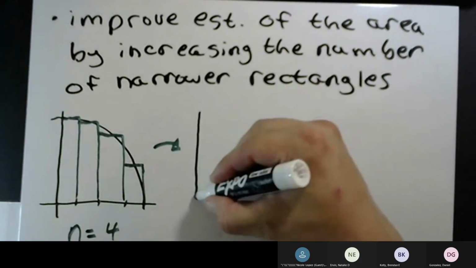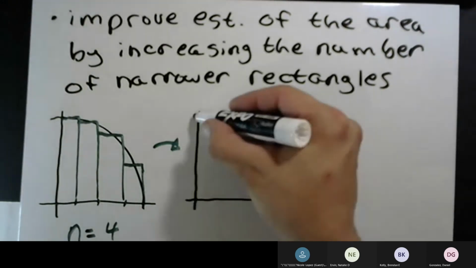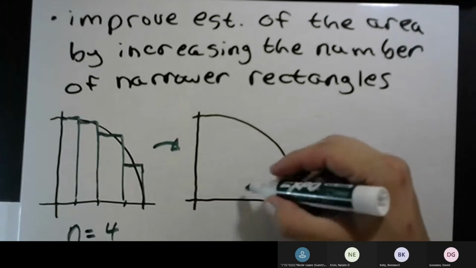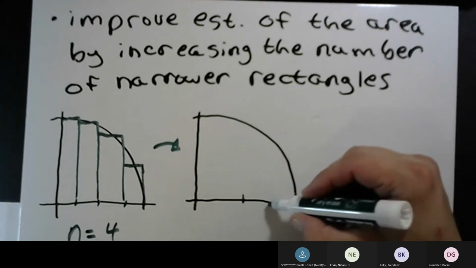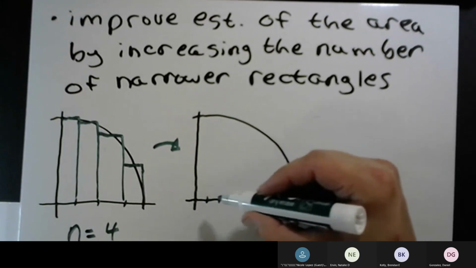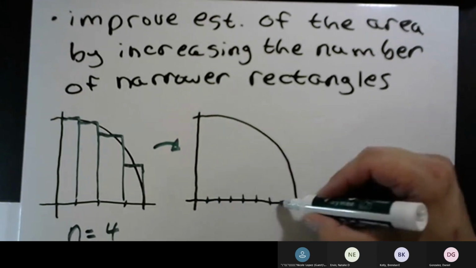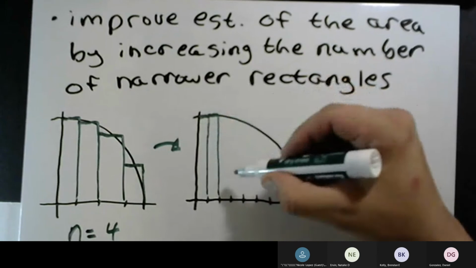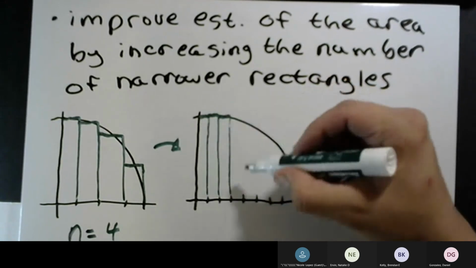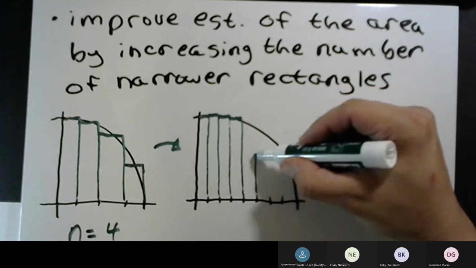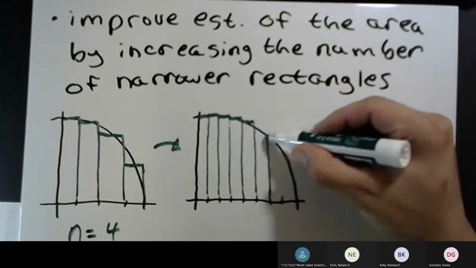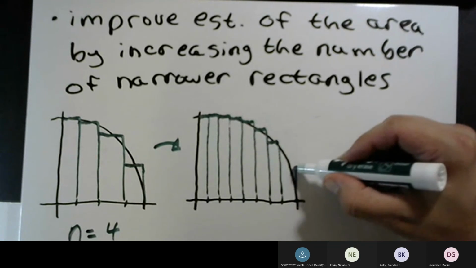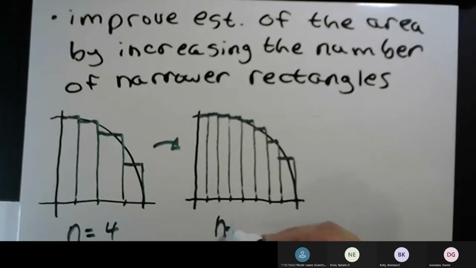We'll have less misses, less overshoots, less undershoots for this area if we use more narrower rectangles. So it's a better fit.